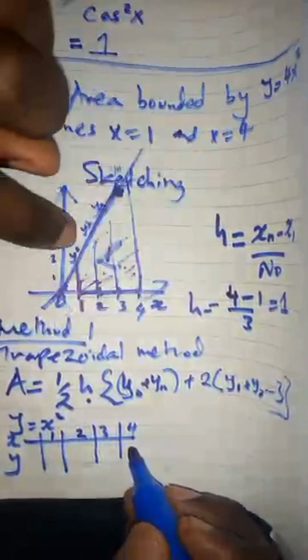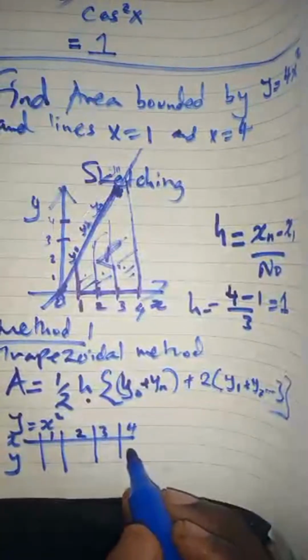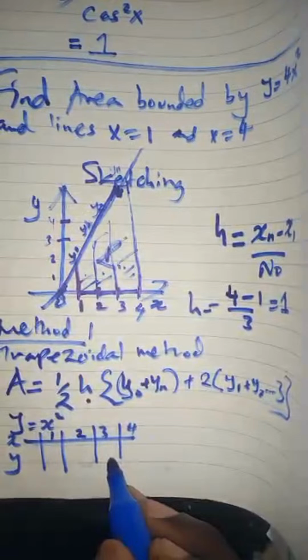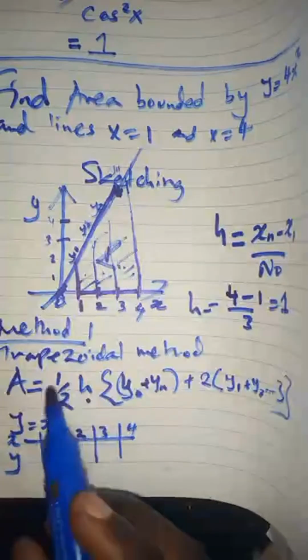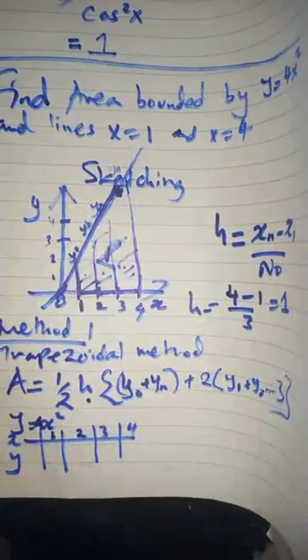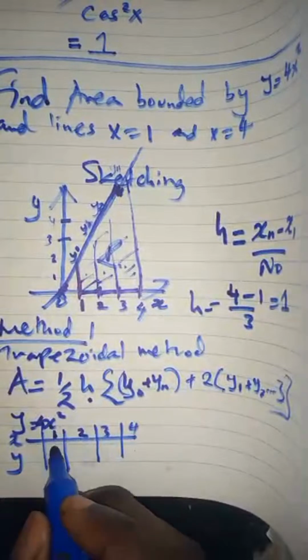I want to find the ordinates, or the values of y. When x is 1, when I put it in this equation, y is 4.